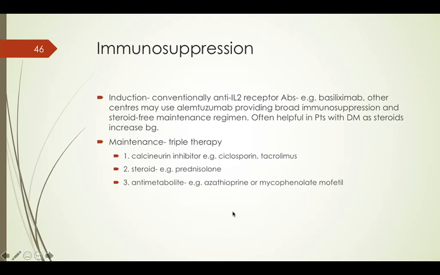Immunosuppression. So we're thinking really about induction and maintenance. So to induce someone onto the immunosuppression, 2 main drugs. I wouldn't worry too much about their names, just be aware of them really.